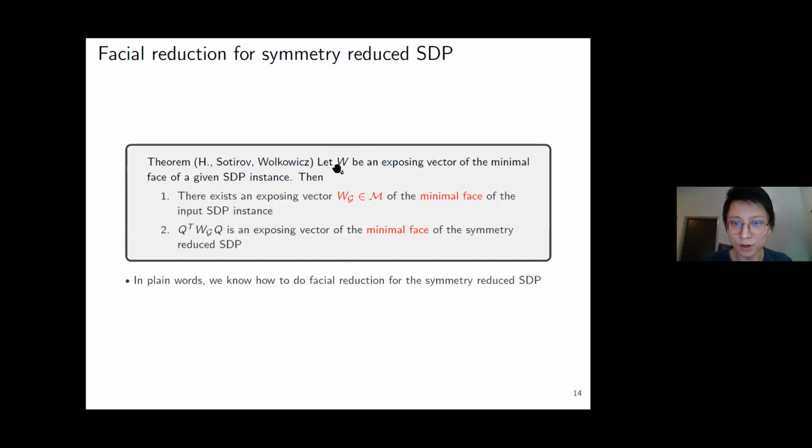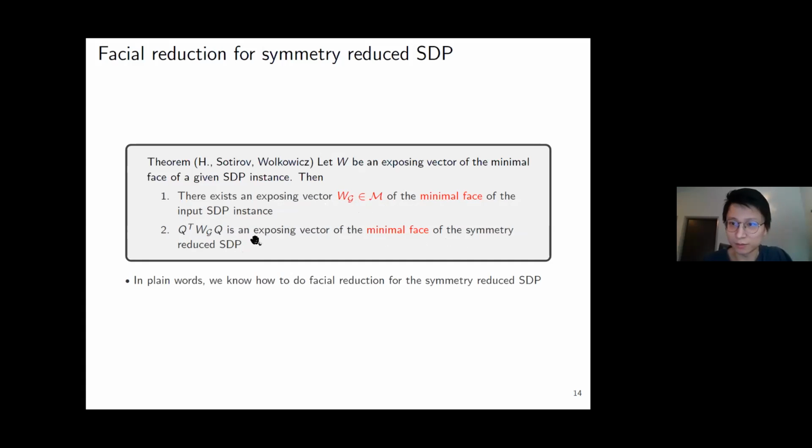So if we know an exposing vector for the original SDP instance, we show the following two things. First, there exists an exposing vector in the algebra of the minimal face of the input SDP instance. So we are not only having an exposing vector, but an exposing vector in a special form. And second, this is the most important one: Q transpose W Q is going to be an exposing vector of the minimal face of the symmetry reduced SDP.